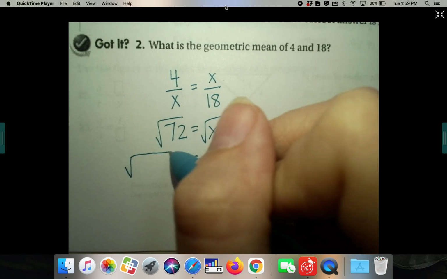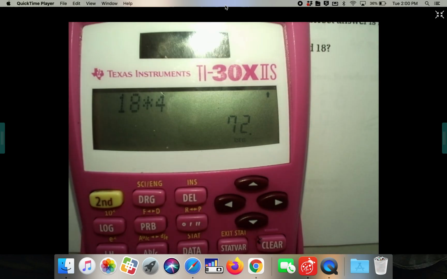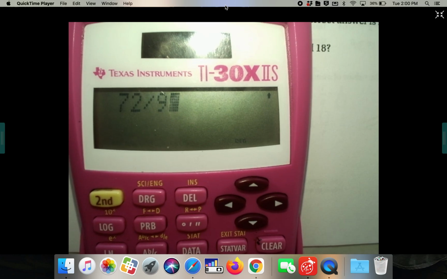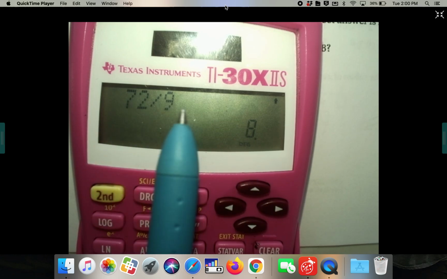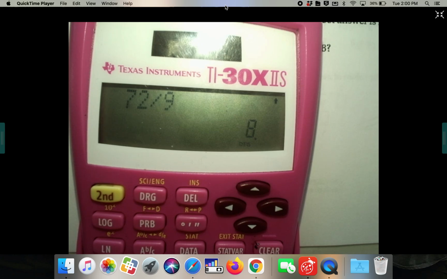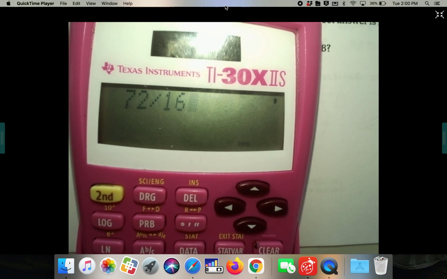72, let's review simplest radical form. What two numbers can we multiply to get 72, and one of them has to be a perfect square? I believe 72 divides by 9. It's not probably the best one because 8 also has a perfect square in it too. So 72 must also divide by 16?